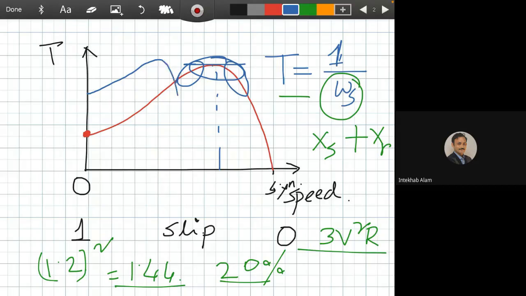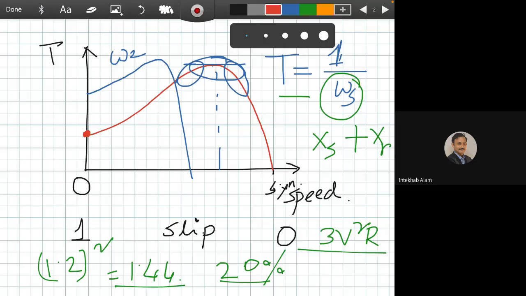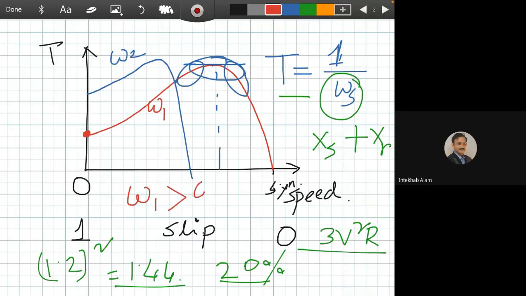For example, if we reduce the input frequency in this form, then we will have a new curve like this. So this one is omega 2 and this one is omega 1. So omega 1 is greater than omega 2. Is it clear to you?